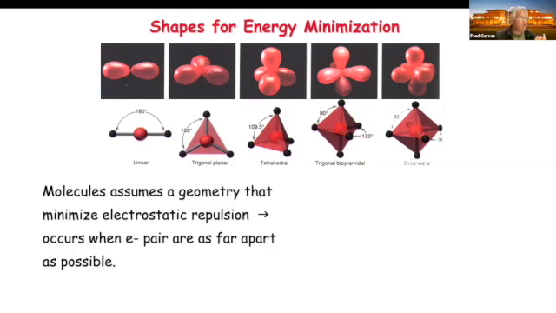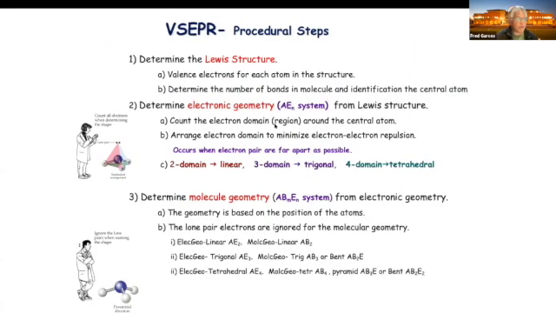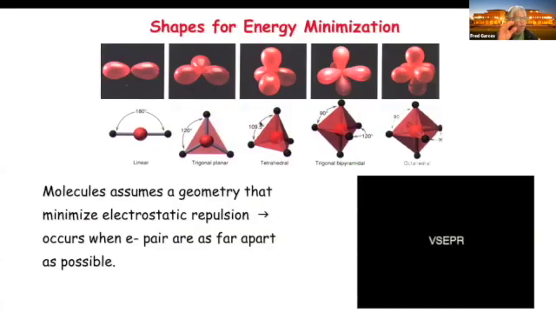When you have four regions of electron density around a central atom, the furthest they can be is 109.5 degrees, or a shape of tetrahedral. Don't worry about the last two, because we're not going there. You are not in Chemistry 200, so don't worry about that.